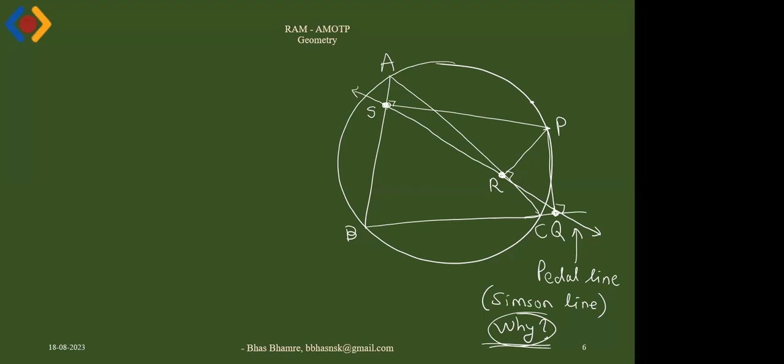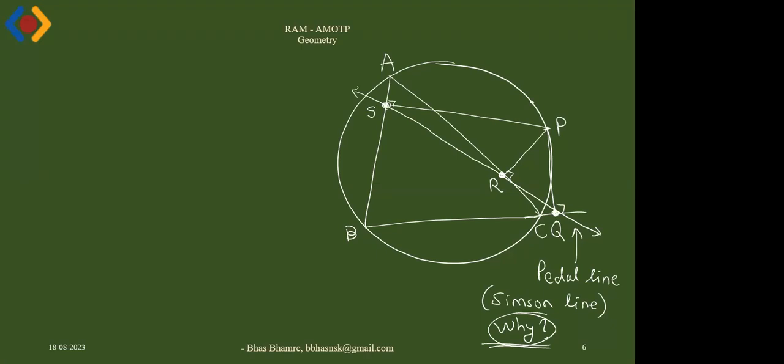Can we use Menelaus's theorem? Maybe if we can prove that AS over SB times... Yes, but to get those ratios, how can you figure it out? Because I think AS over SB times PQ over QC times CR over RA must be -1, or if you consider only magnitudes, then that is 1.